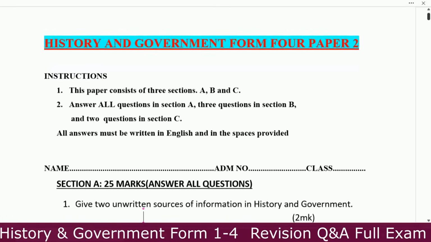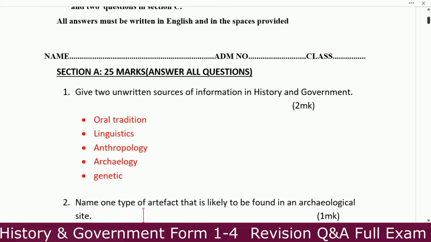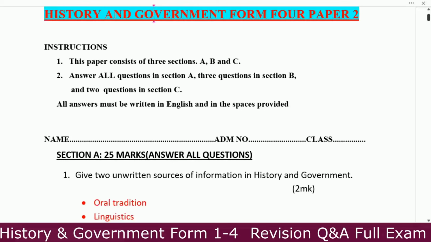As you can see, these are the instructions you are given in KCSE. You're told this paper consists of section A, B, and C. All the questions in section A are supposed to be answered.